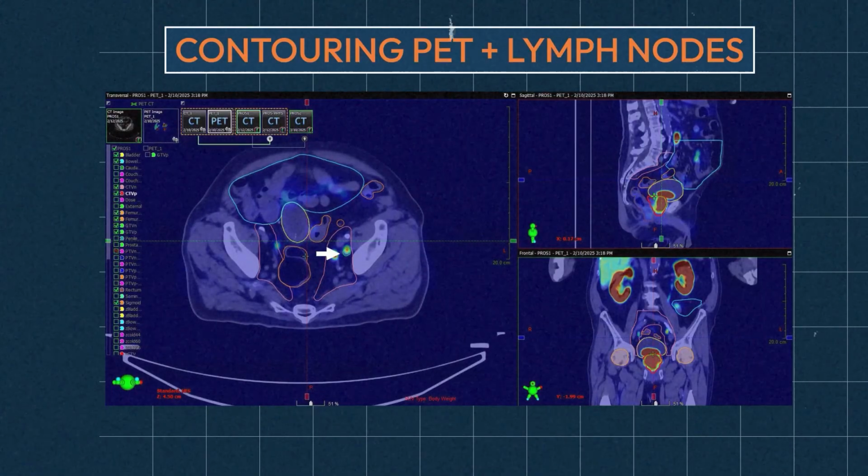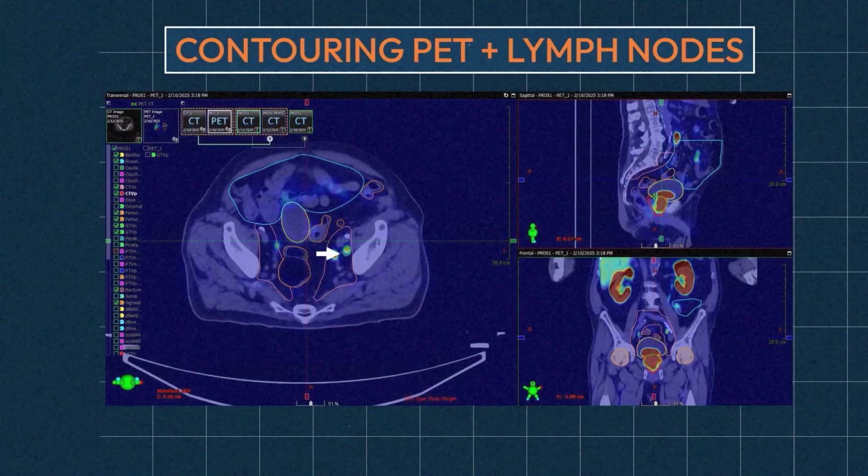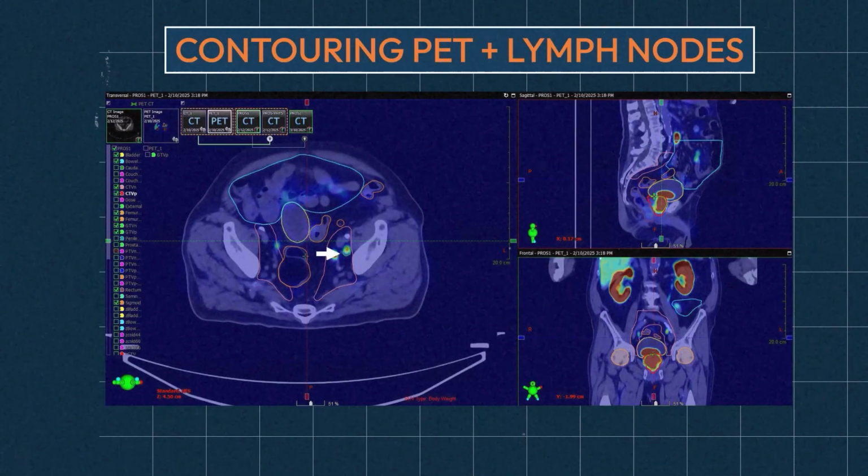That is because the fusion was optimized to improve the concordance of the fusion at the level of the prostate. So in planes outside of that area, sometimes the fusion is a little bit off, but here we're not as concerned about using the PET to delineate the boundaries of the lymph node. We get that information from the CT, so the PET is really just helping to highlight the lymph nodes we need to pay attention to.